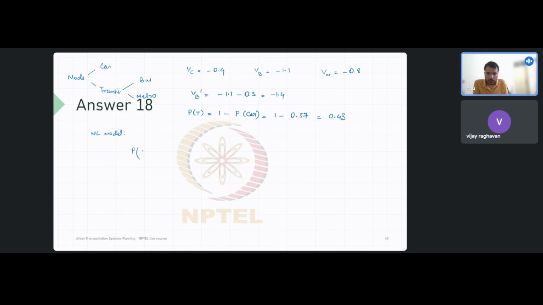So next, if we are using, let's say, nested logit model, NL model. So probability of metro, if we are taking transit, will be probability of metro by probability of metro plus probability of bus. So I'll take the utilities.